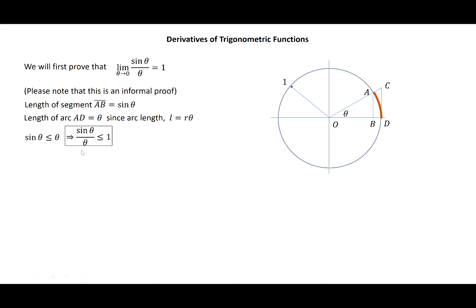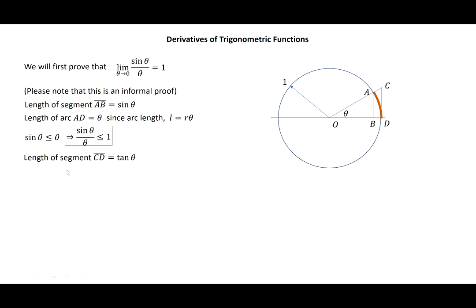However, if you multiply or divide by a negative number, the inequality changes its sign. If theta were negative and we are dividing both sides by theta, then we have to change this to greater than or equal to. But in our case, we are measuring theta counterclockwise, which is considered positive, so we are okay.